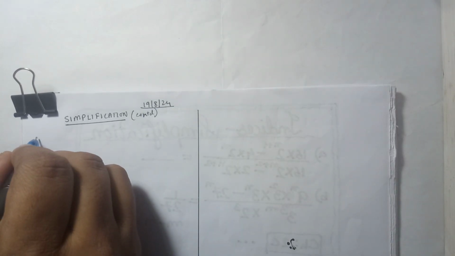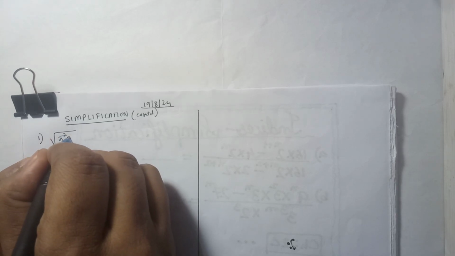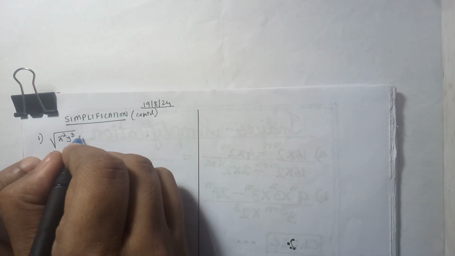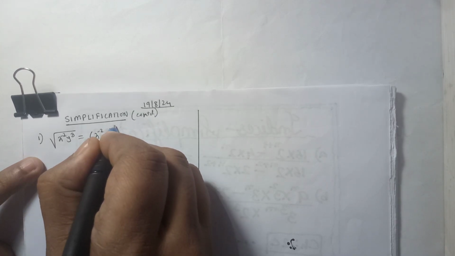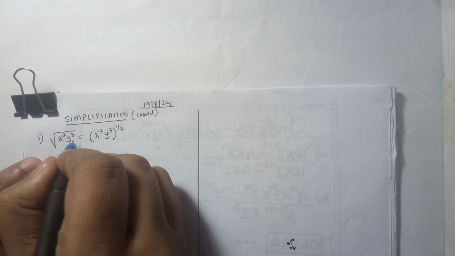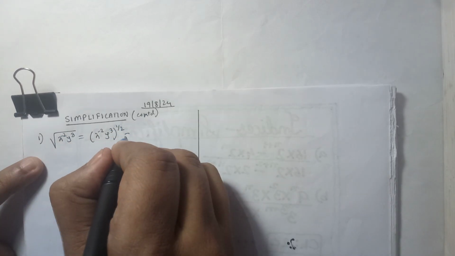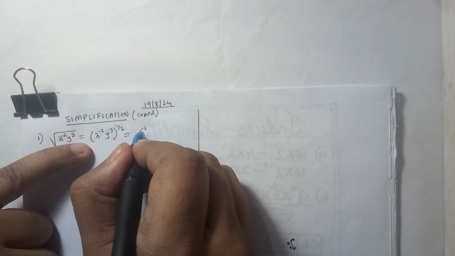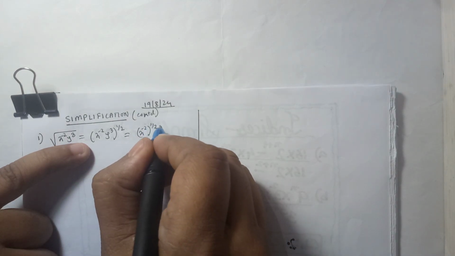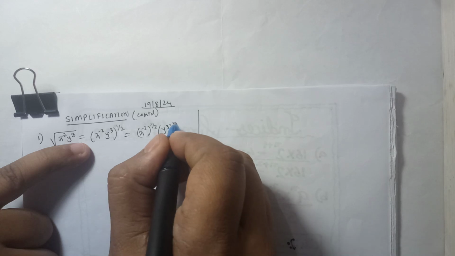Okay, first one. Square root of x to the power minus 2 into y cube will give you how much? x to the power minus 2 y cube, to the power of half. Nth root of something is 1 by n. Next we will distribute, that is x to the power of minus 2 to the power of half, y cube to the power of half.